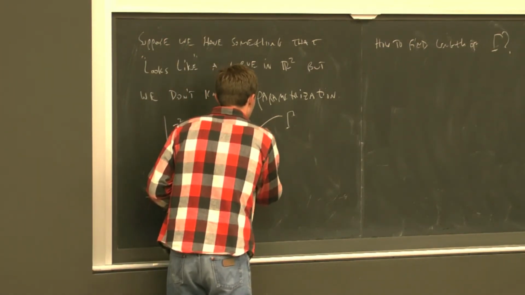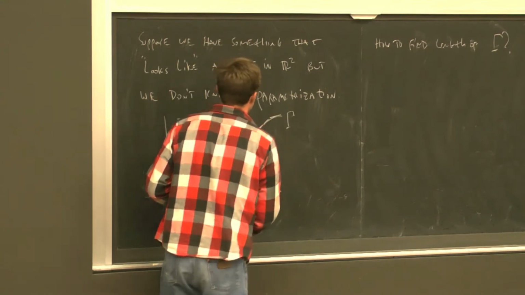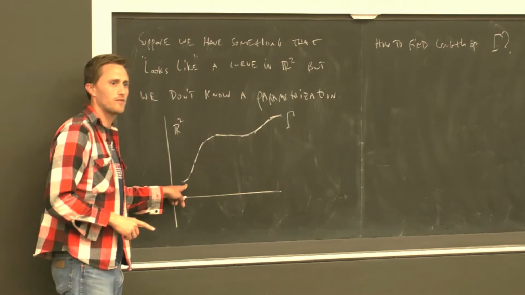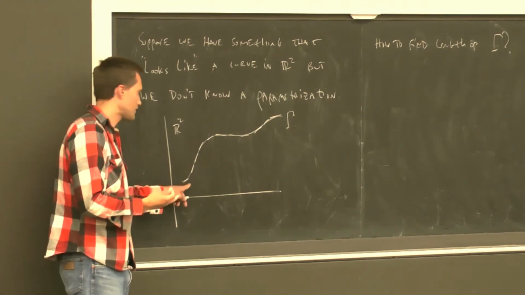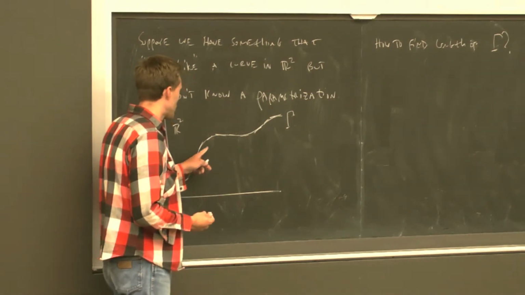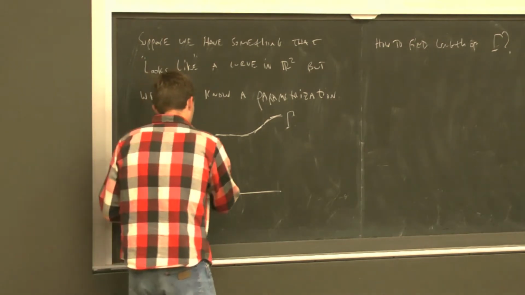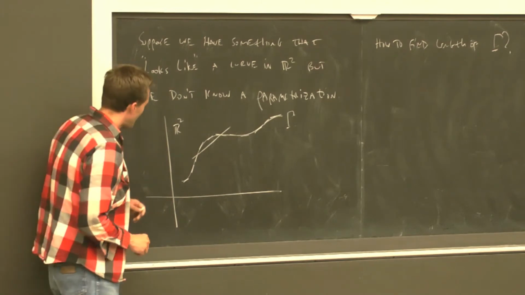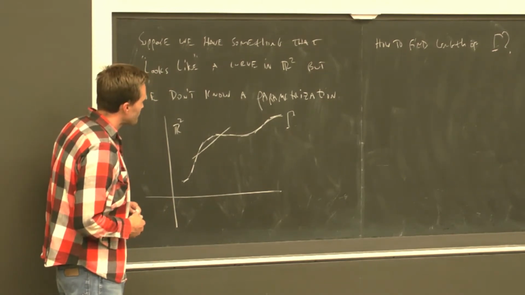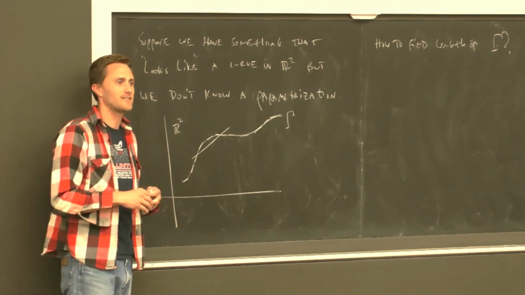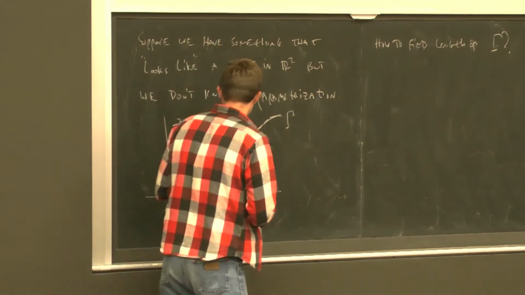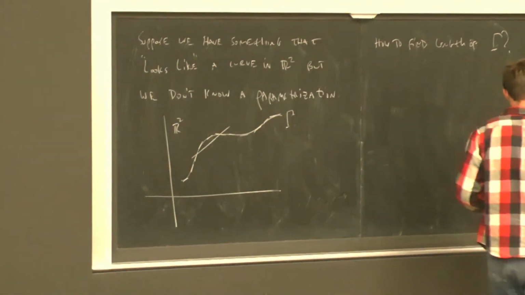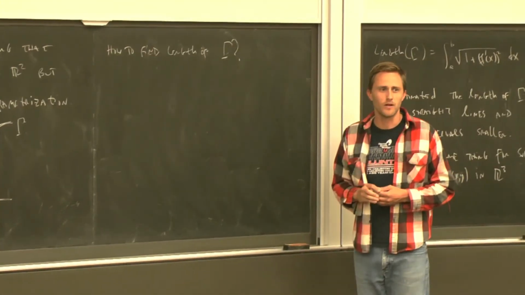It should be very intuitive that it would take an uncountable number. Even if this was a nice smooth curve, it would take an uncountable number of little straight lines. I might have a little straight line like that, but that only covers 2 points, right? So our covering technique doesn't work. And so you have this extra dimension where these lines can wiggle.